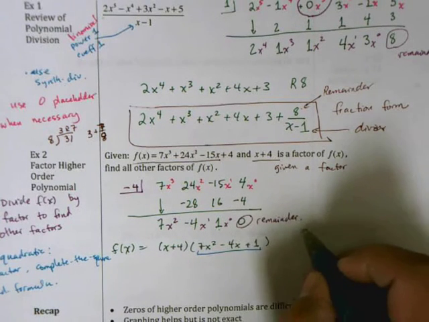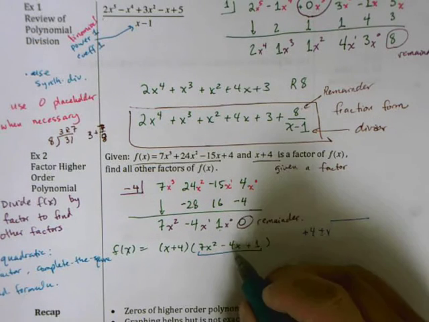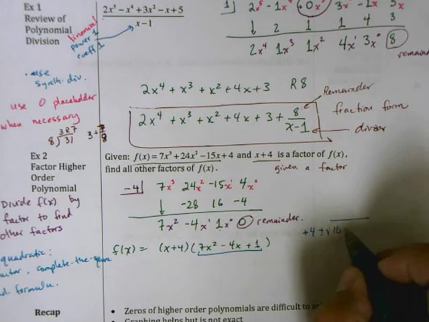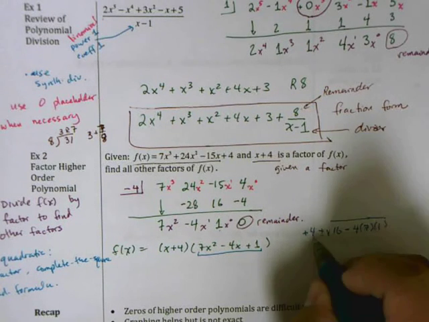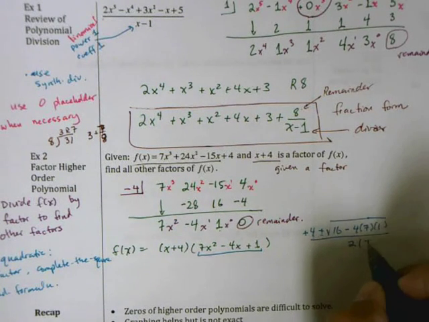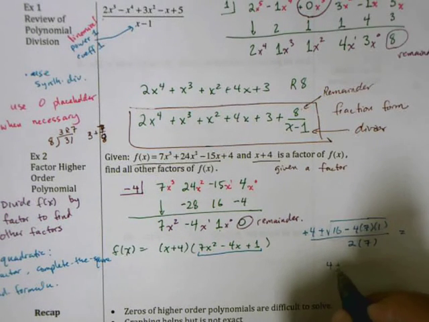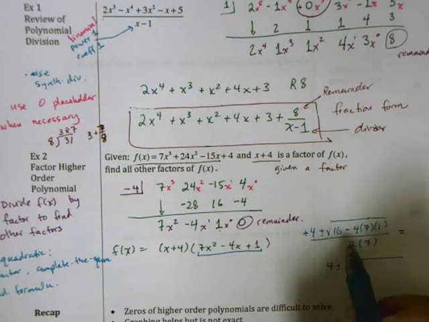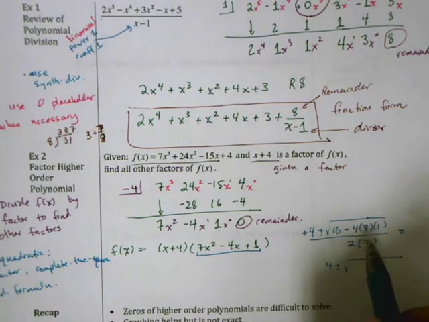So, the opposite of b, plus or minus the square root of b squared, so in this case, that's 16, minus 4 times a times c, all of it over 2a. This is 16 minus 28, which is going to give me negative 12.